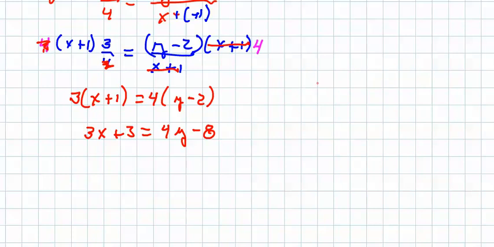And remember, we want to always put it in standard form. Standard form, ax plus by equals c, where a, b, and c are integers, no fractions, and a must be positive.